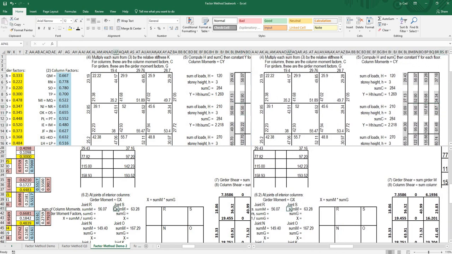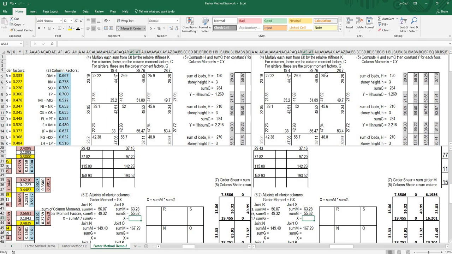So, going back here sa 6.2, summation G is the sum of girder moment factors at joint R. Take note that this is joint R, QRST. At joint R, this is equal to 19.4 plus 29.9. And then, at joint S, dito naman, this is equal to 29.76 plus 25.9.